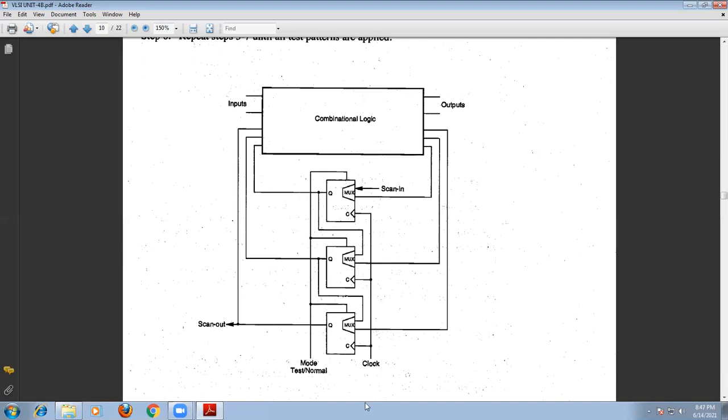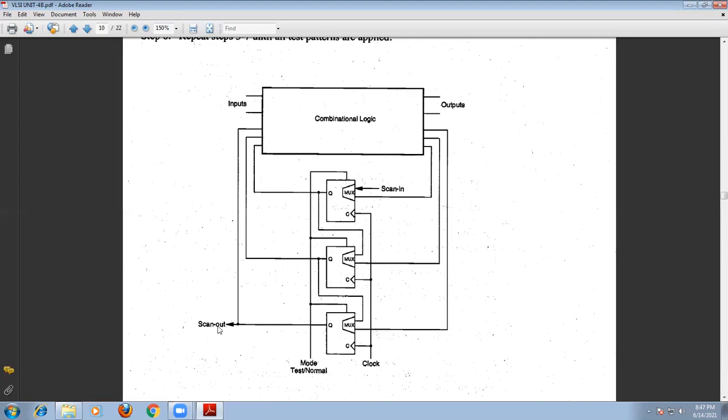After that, we set the clock signal such that whatever data is there now will be entered into the registers. Then shift the mode again to test mode, and the content of the registers can be called the scan out.